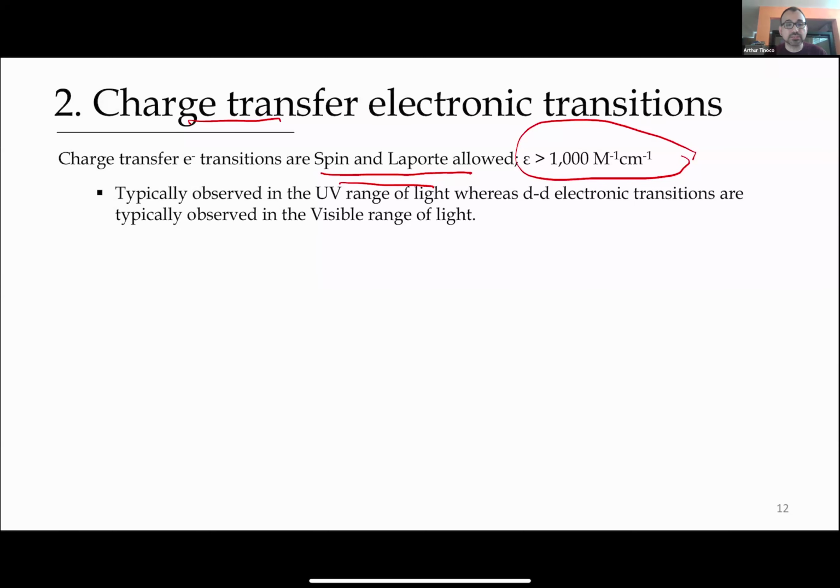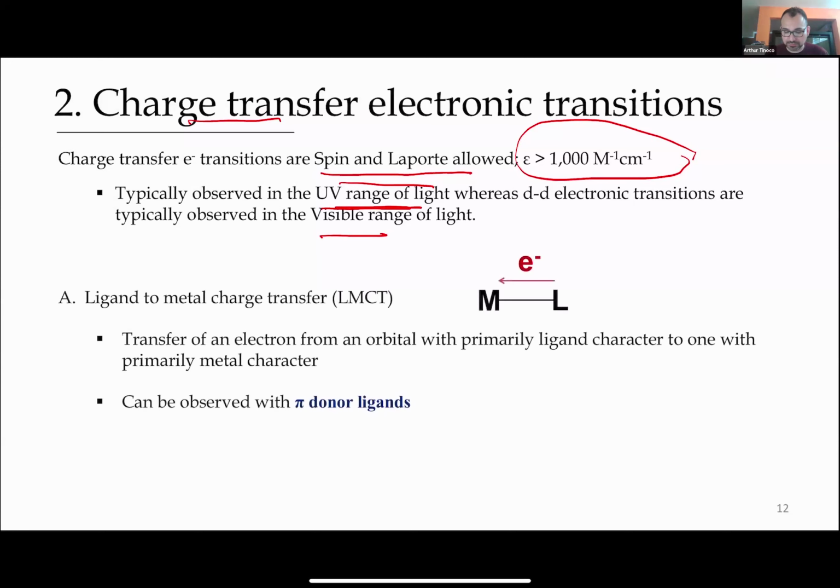Another really important difference is that these transitions are observed in the UV range of light, whereas the d-d electronic transitions were observed in the visible range. So with these you will not have a coloration, something that you can actually see with your eyes.